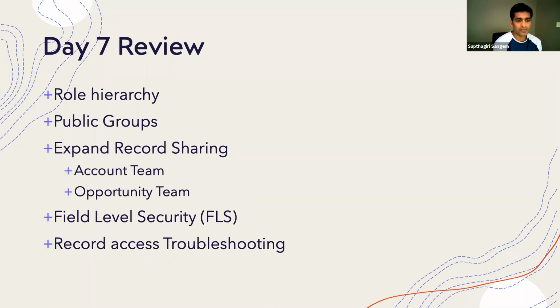Public groups can also be used for sharing settings, and you can add role hierarchy, any role, all roles and subordinates, or even another public group. One public group can be added to another public group. Those are the main things we touched on.